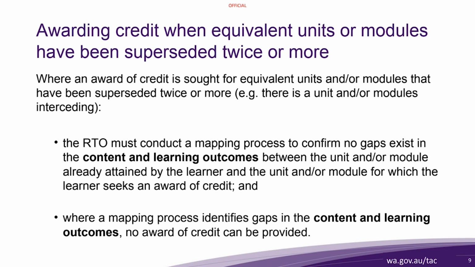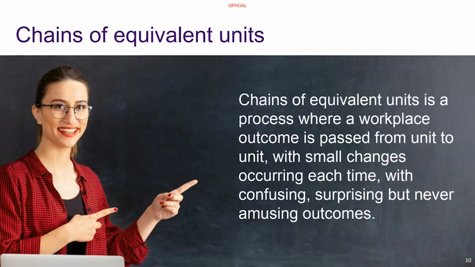And where the mapping process identifies gaps in the content and learning outcomes, no award of credit can be provided. So what we're saying fundamentally here is you can't be confident that when something has been superseded twice or more, the changes are no longer minor but now are significant, and therefore you can't be confident that credit can be automatically awarded. So what we're looking at there is chains of equivalent units.